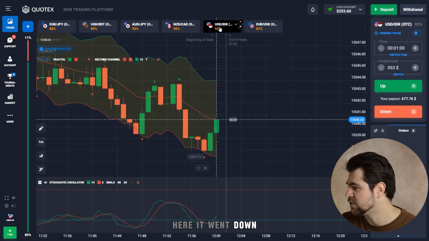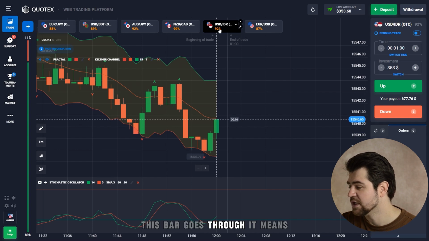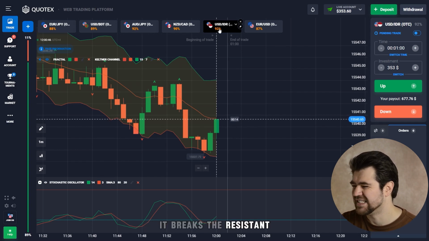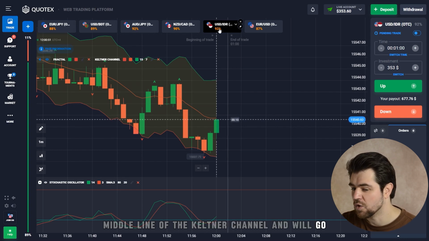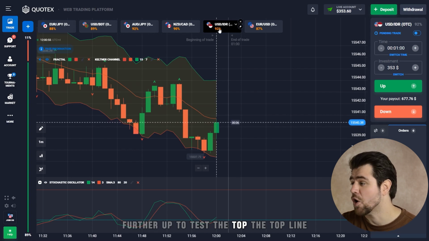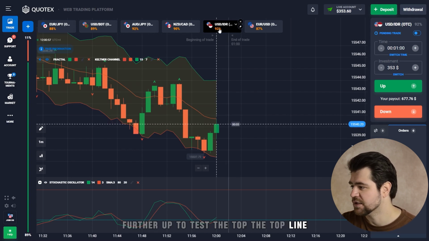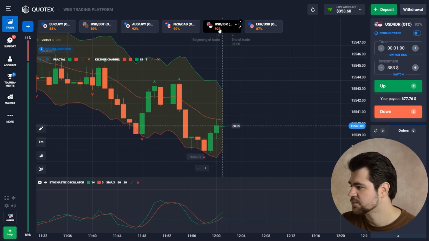Here it went down. If that goes through, we can make a call option here. If this bar breaks the resisting middle line of the Keltner channel, it will go further up to test the top line, the top of the channel.